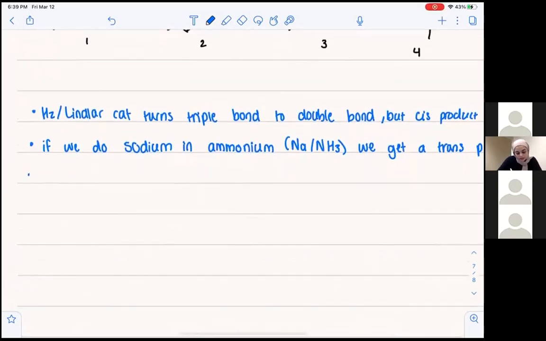But if we do H2 and a metal, you get a single bond. A single bond. Something like 1.